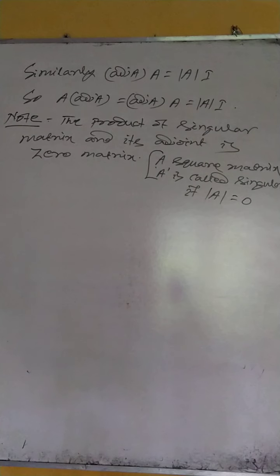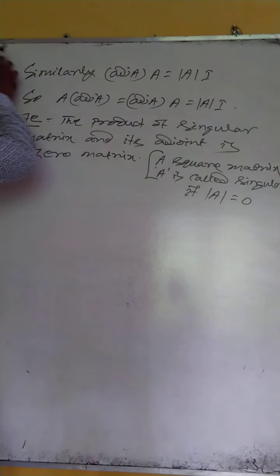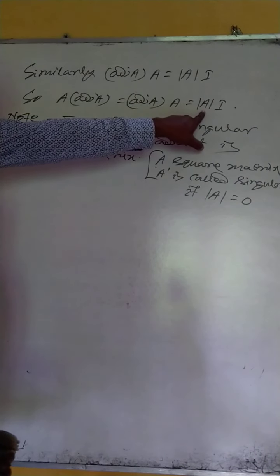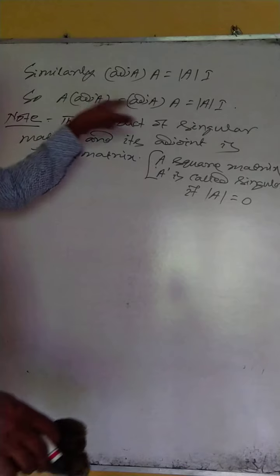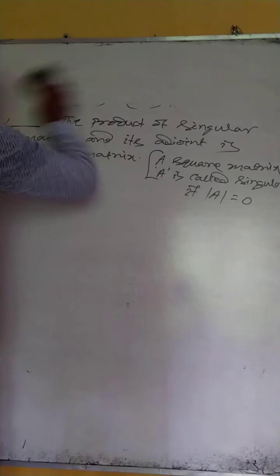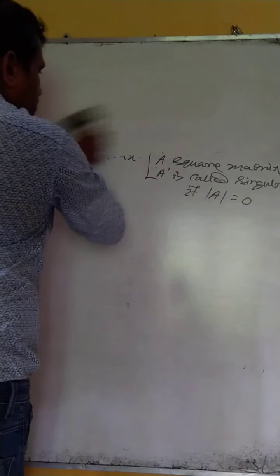If the determinant value of a square matrix is 0, then we say it is a singular matrix. So for the product, here we put the singular matrix, the value is 0, so we get a 0 matrix. Now we find the inverse of a matrix.